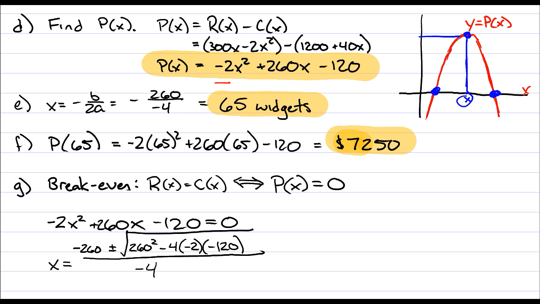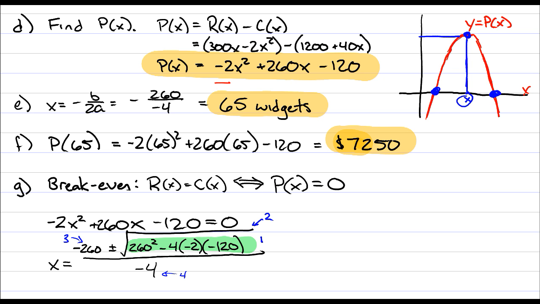So I'll leave it to you to actually calculate that. It's basically just a lot of calculator work. What I would suggest is step 1, make sure you calculate everything under the square root. Step 2, actually process the square root. And then step 3, do the minus 260 plus or minus all the square root stuff. And then finally divide by minus 4.